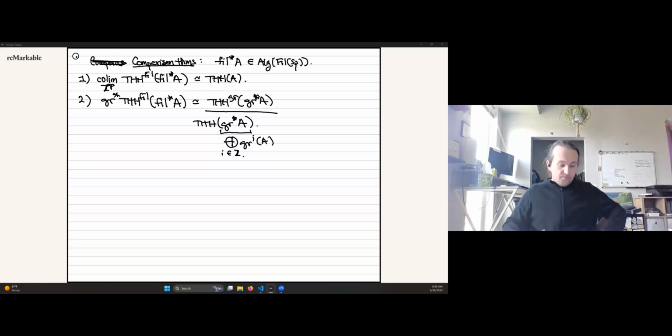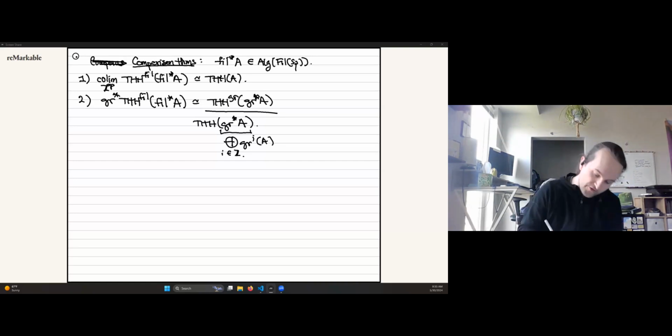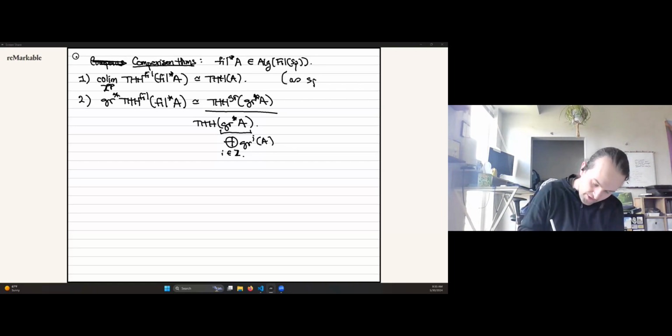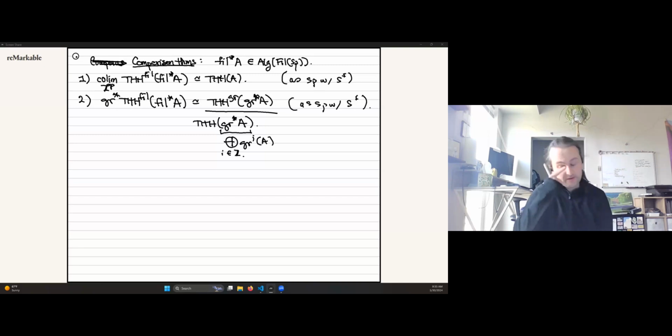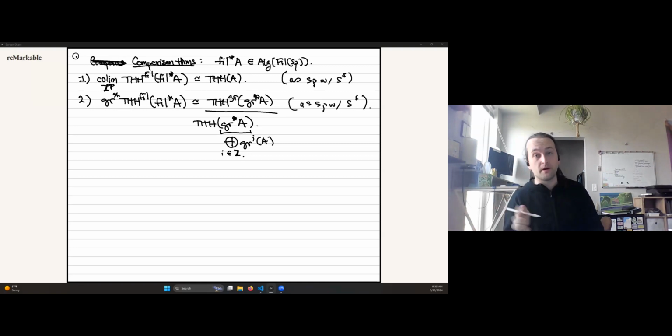And maybe I should say that this is as spectra with S1 action, and as we'll see in a moment, these equivalences actually upgrade to involve more structure, but I haven't told you what that extra structure is yet.